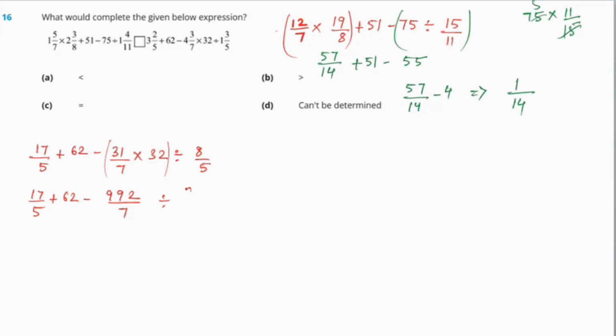And that we need to divide by 8 by 5. When we divide by 8 by 5, that will turn into 5 by 8 only. Okay, and we need to divide that. So the entire thing needs to be reciprocated.